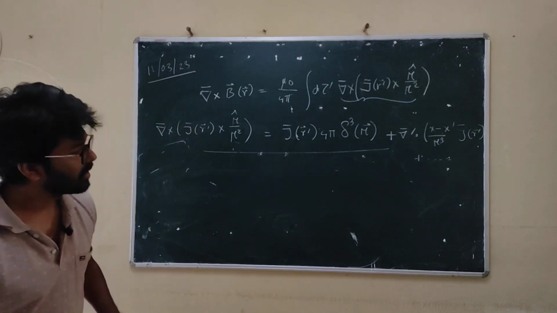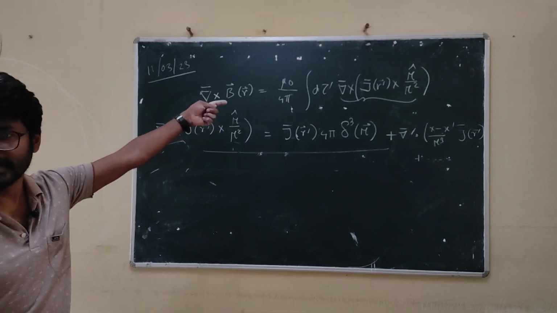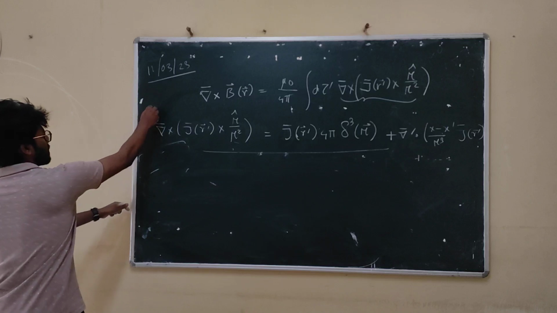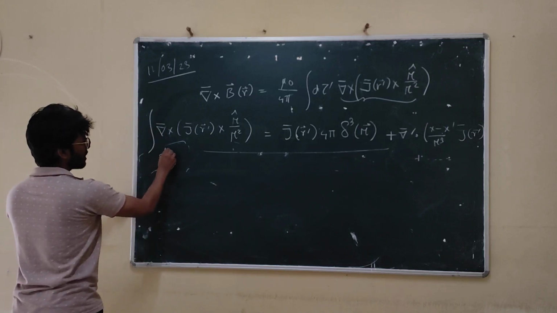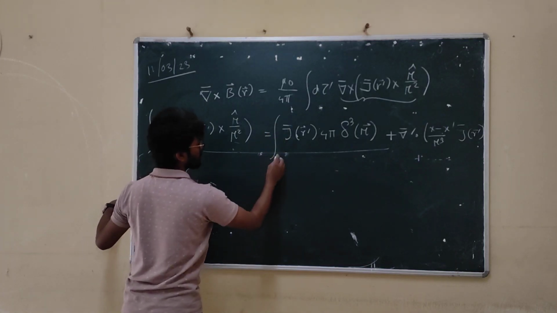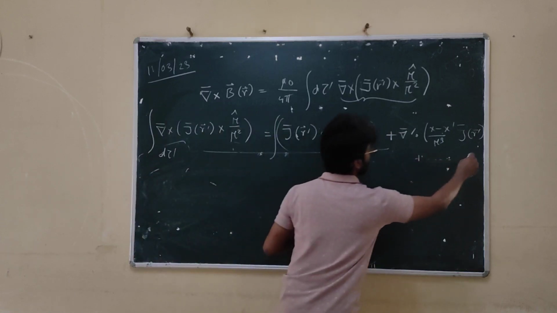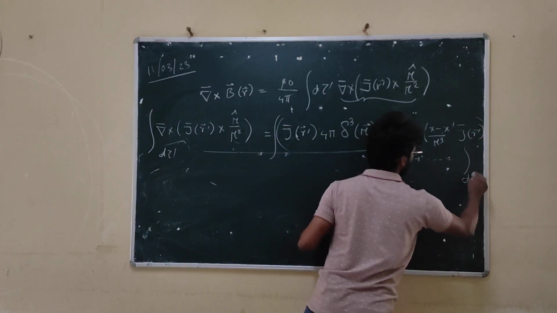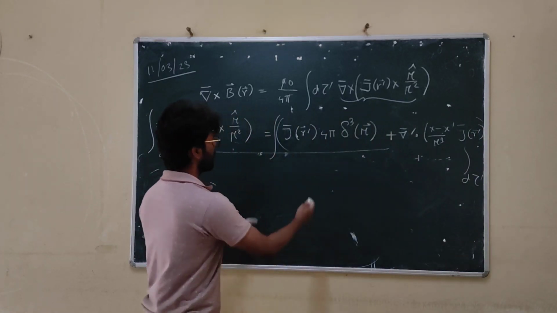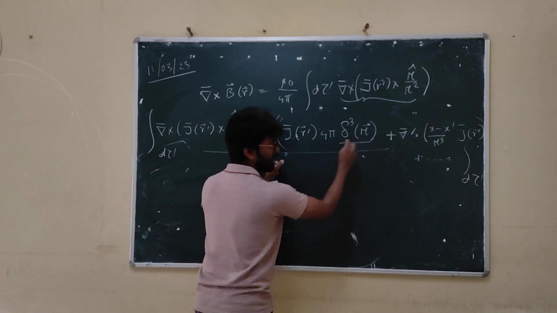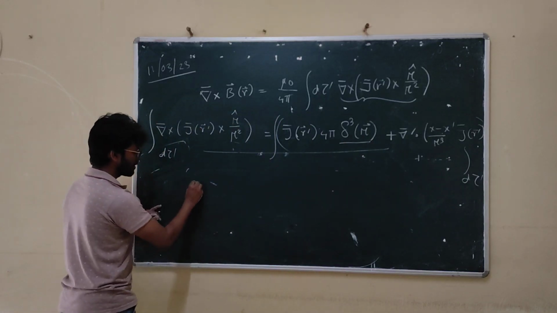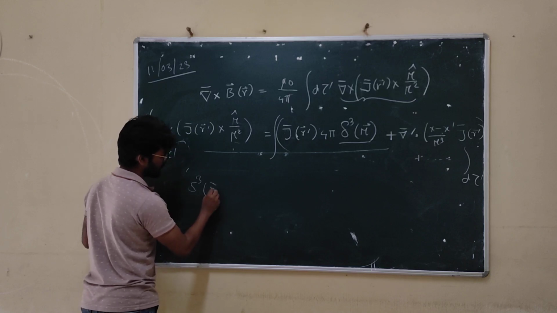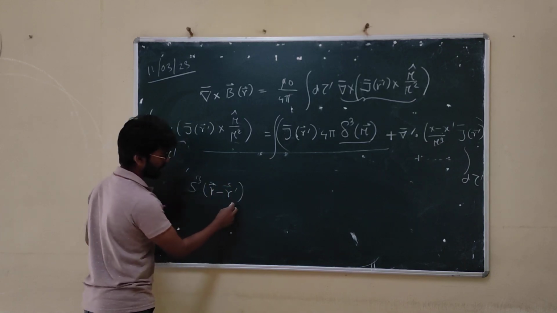Now, we are going to put this thing inside the integral, d tau prime. Now look at this. This is a delta function, so delta function of basically r minus r prime.